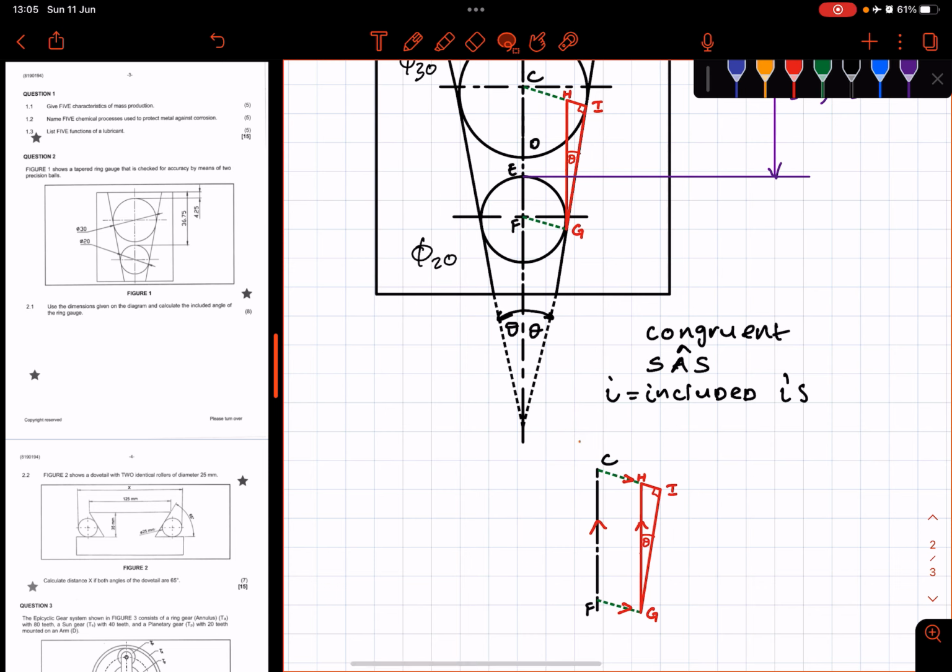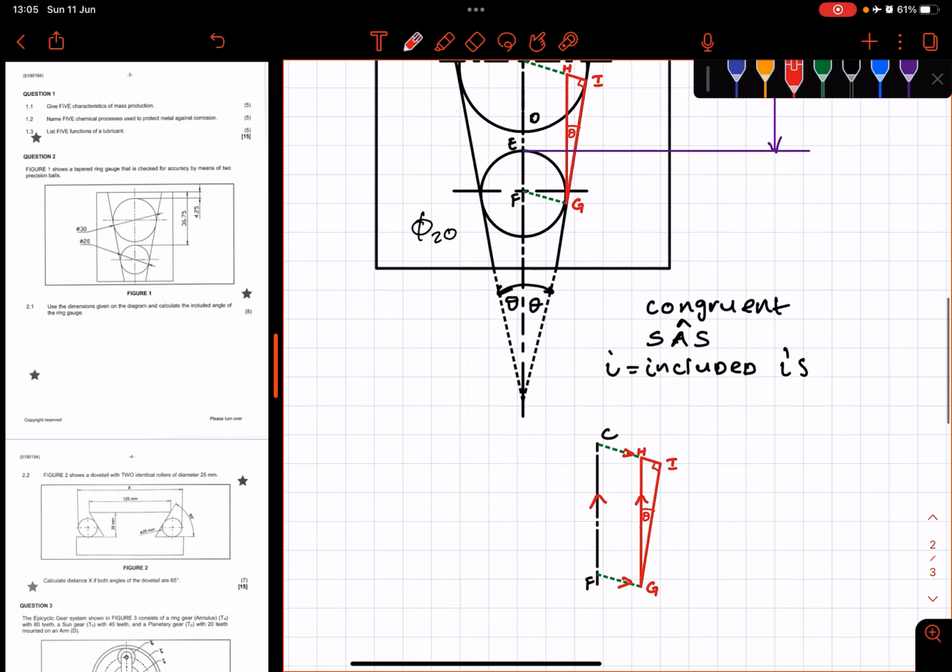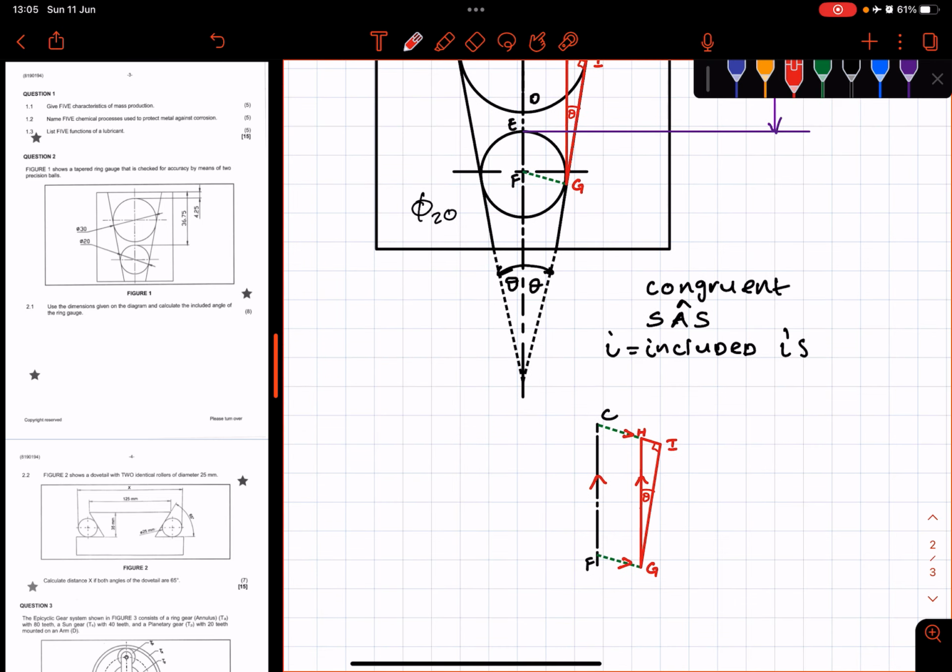Now, if you look at the orange triangle, we've already established that CF and HG are equal. So if we can get CF, you inadvertently get FG. And then once we have FG, if we can get HI, it means you will have attained two sides of a triangle. Hence, you can get your angle theta.